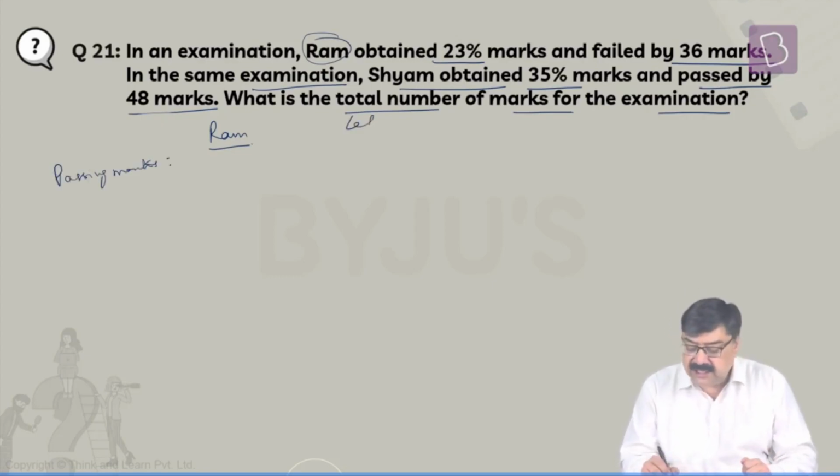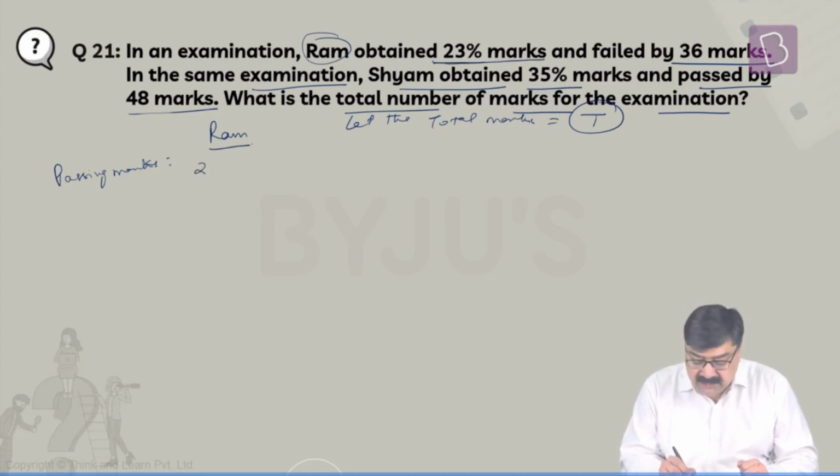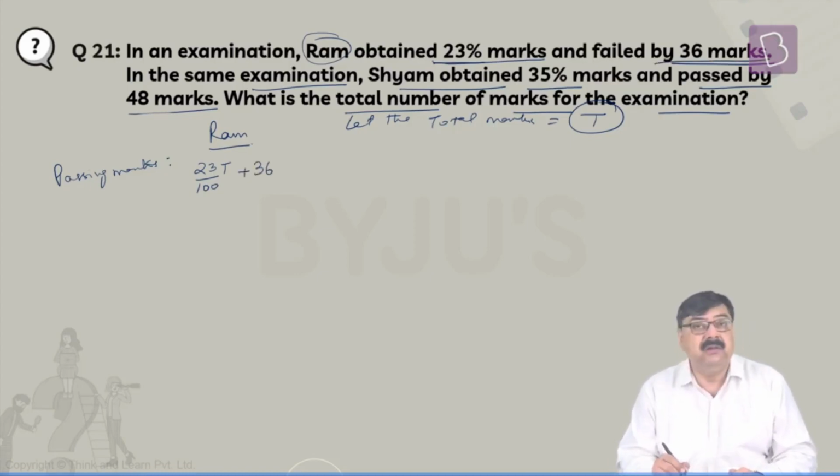Now first of all, let the total marks be equal to T. So as per Ram, he obtained 23% marks. So he obtained 23 by 100 of T. And failed by 36 marks. So he should have scored 36 marks more to pass. So passing marks as per Ram shall be 23 by 100 into T plus 36.